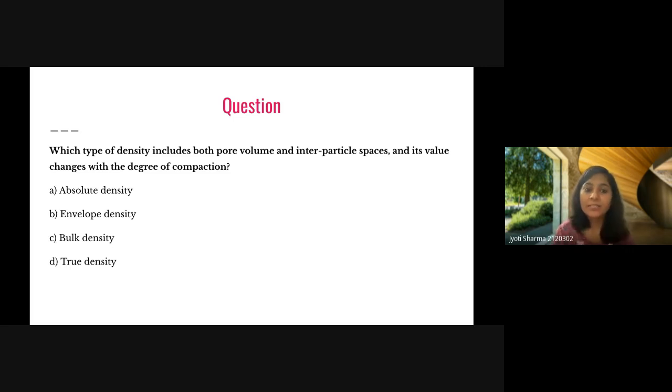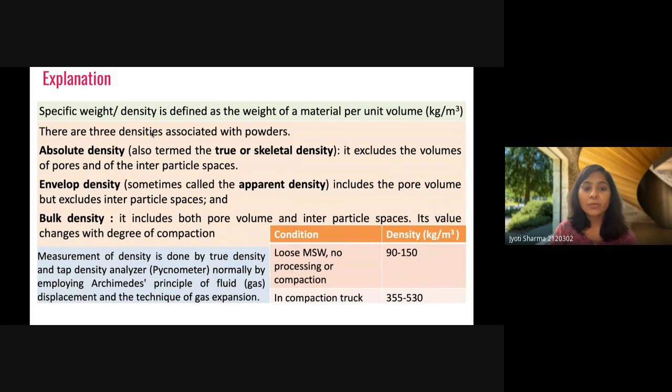The density which includes both pore volume and interparticle space, and whose value changes with the degree of compaction, is bulk density. We have different types of density: absolute, envelope, and bulk density. You can read about this, because some include the volume of pores and some exclude it. Based on that, we can determine different kinds of density.